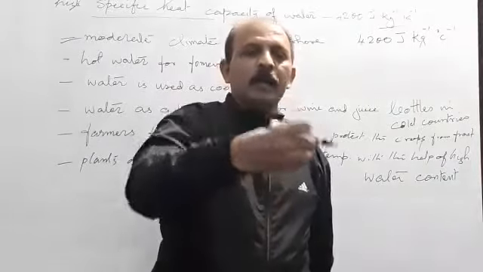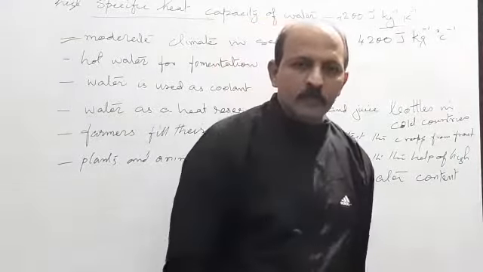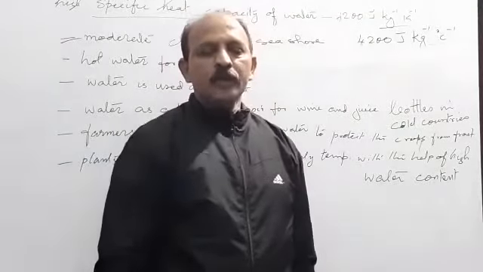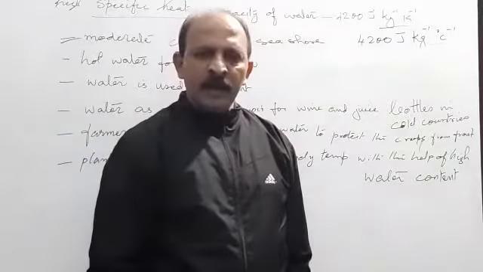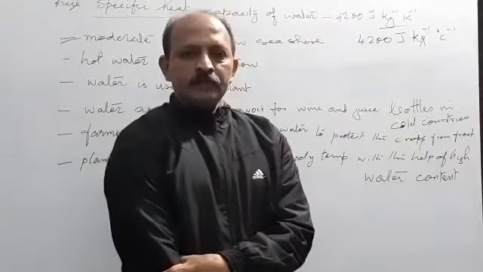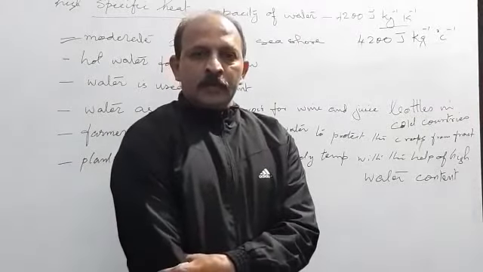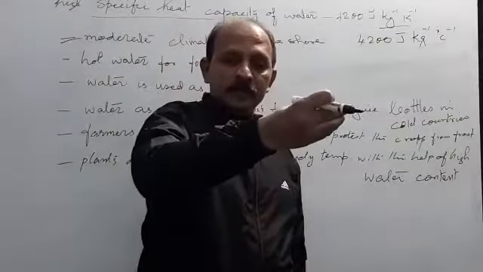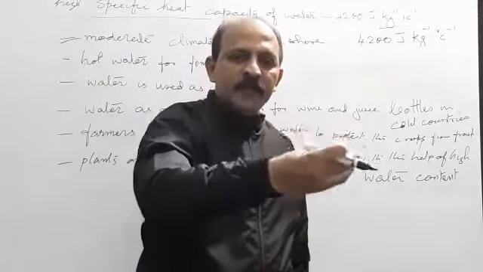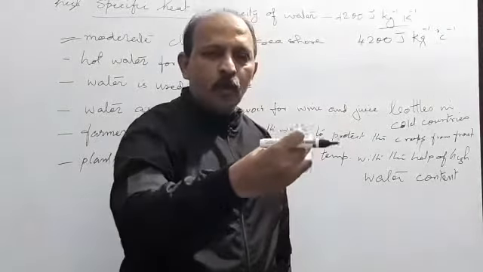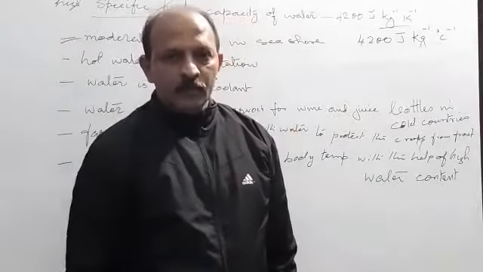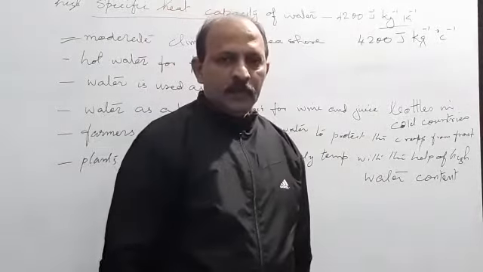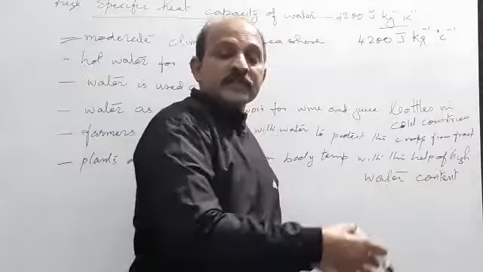Suppose we take the example of Mumbai. You know, Mumbai is on the seashore. There we have Arabian Sea. There, water has very high specific heat. And when we compare the specific heat capacity of water and land, land surface means almost sand over there.